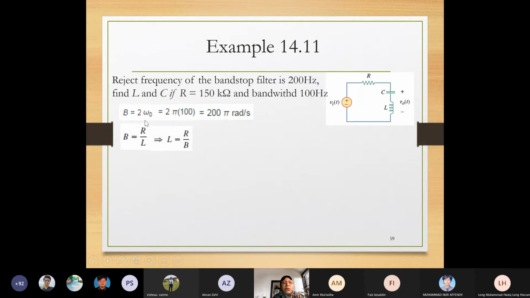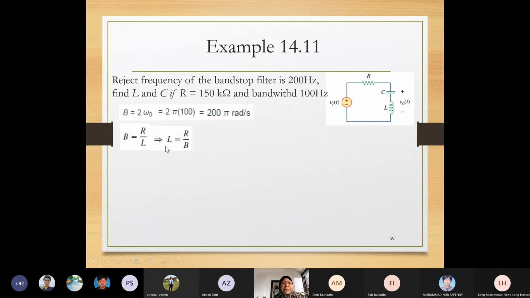If you plug in the value, you will obtain omega naught as 100 hertz. We consider the resonant frequency as the bandwidth. Therefore the bandwidth will be 2 times 100, which is 200 pi radian per second. From this, you can calculate the inductance, because bandwidth is always equal to R over L for a series circuit.